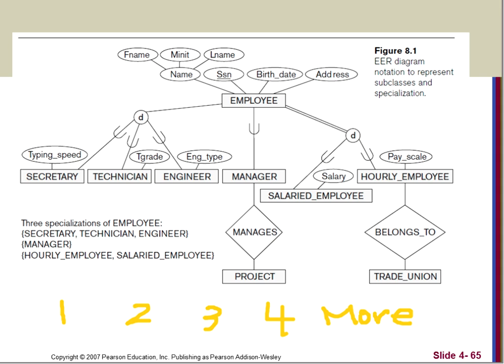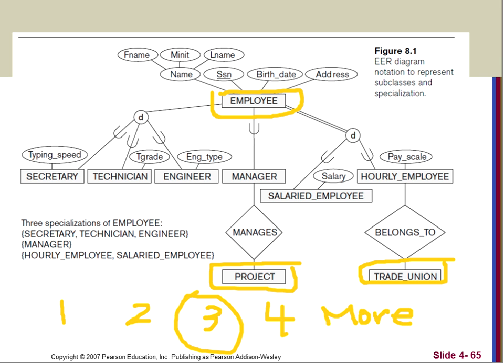The answer is that there are 3 entities. The first entity is employee, the second is project, and the third is trade union. What about the others? Secretary: is it an entity?